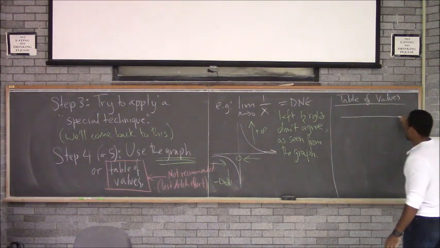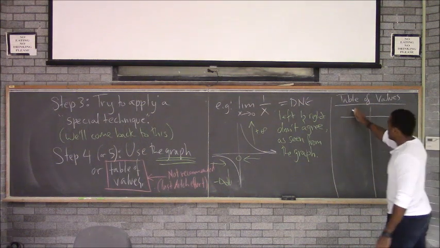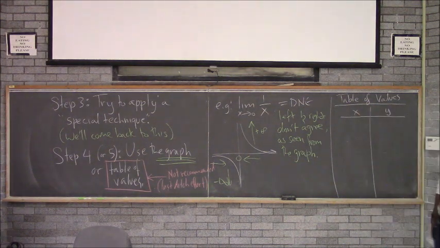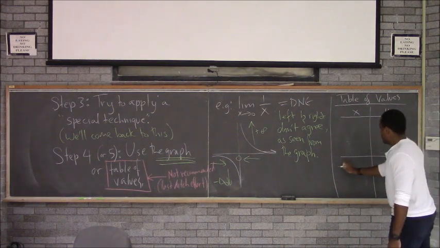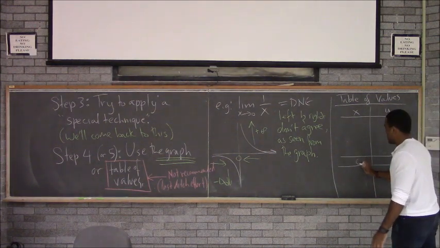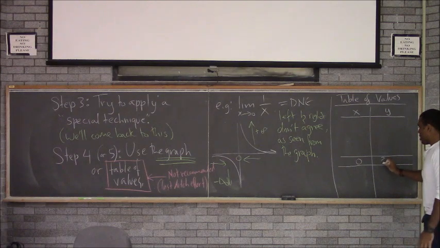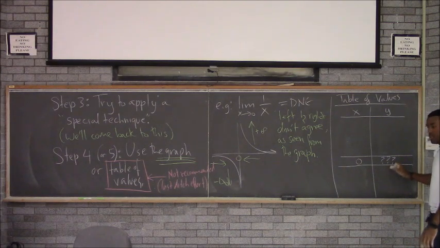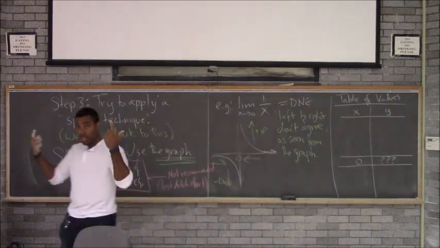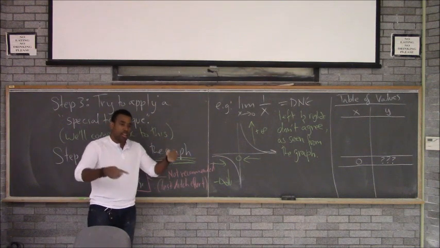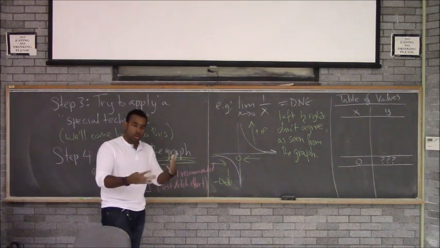So I'm pretty much going to look at the x values, the inputs, and the y values. Now, ultimately my goal is to get close to when x is 0, and I want to figure out what the y is doing, right? So at the beginning, I don't know what that's going to give me. So what I'm going to do is, because I understand what a limit means, it means as I'm getting close to 0, I want to know what the y value is doing.